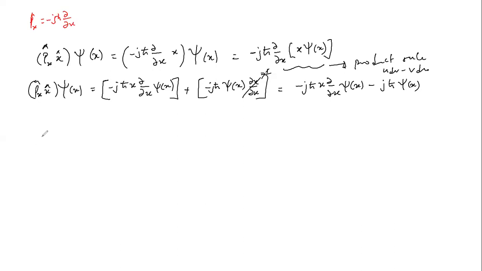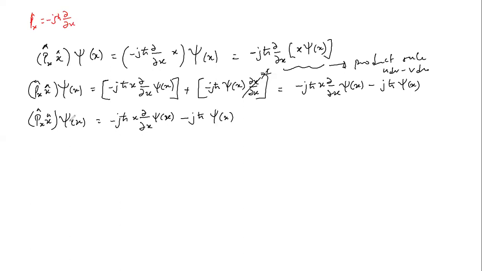And then we now have that the momentum operator, position operator psi of x is the same as negative j h cross x d dx psi of x minus j h cross psi of x.